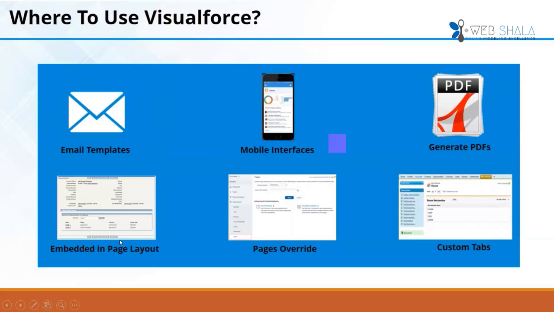You can generate the PDF from here. You can give a functionality so that after any billing, you can put a button to generate a PDF. You can send an email also from here.